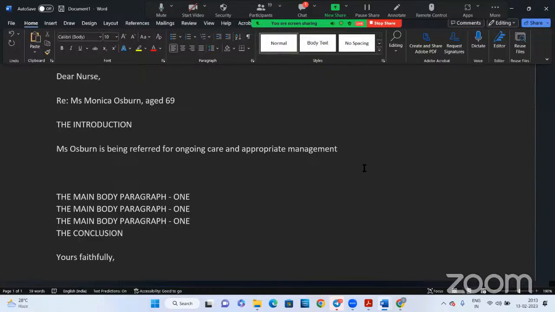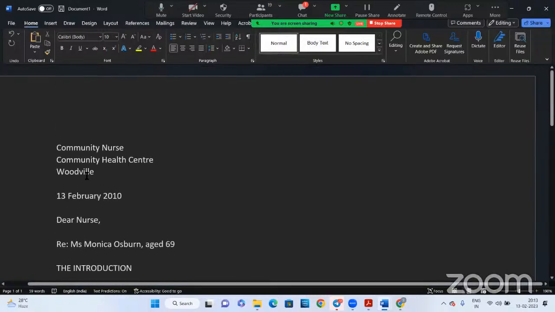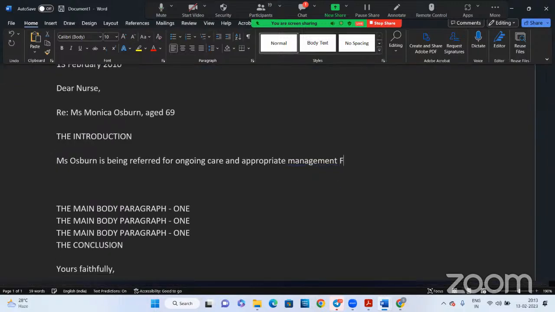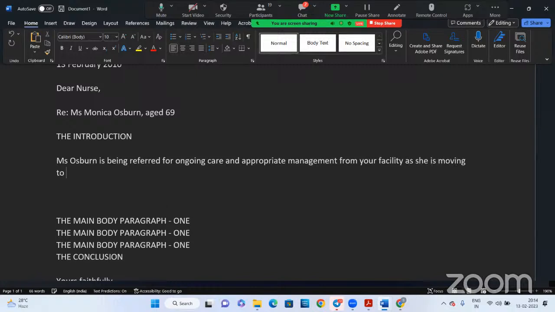So where? Community Health Center, Woodville. This is the facility. Appropriate management from your facility as she is moving to Woodville to live close to her daughter. Finished.